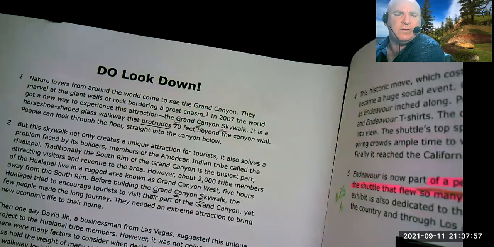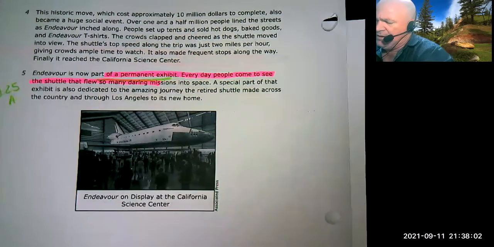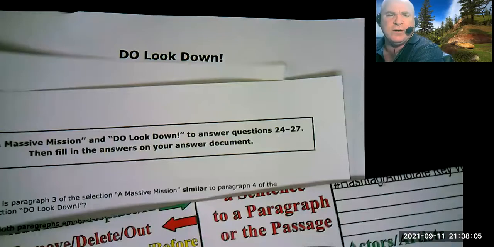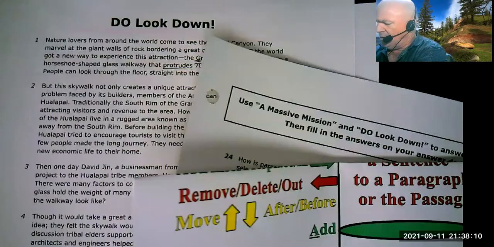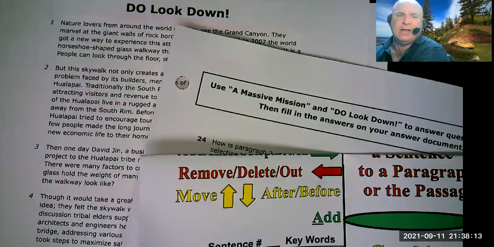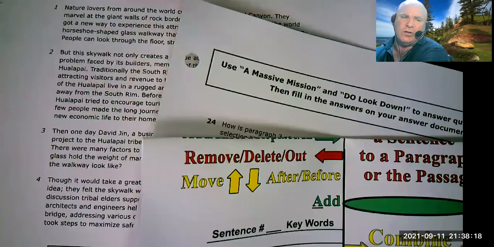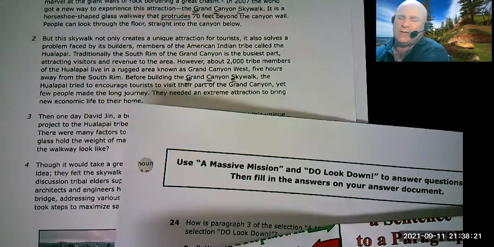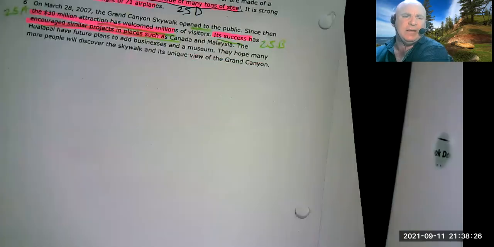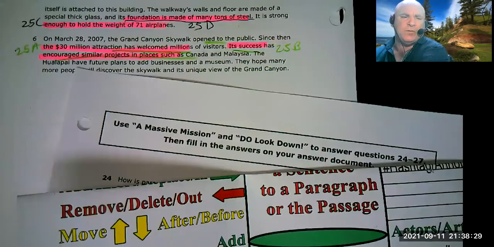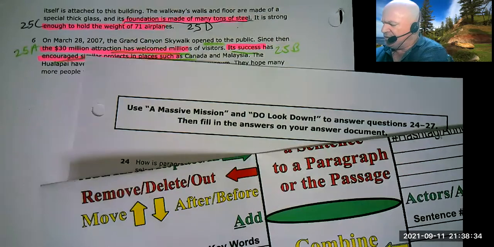There it is. They're asking about the second passage. So I'm going to do what I should have done first and put the second passage first, the one about the Grand Canyon Skywalk. Now you can't do this in your book, but you can remember to make sure you check that. So in paragraph 5, 25A, it does say that it's been open to the public, and since then the attraction has welcomed millions of visitors.